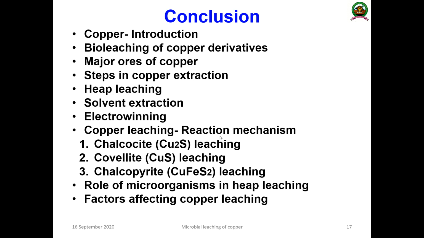And the copper leaching reaction mechanism for the major ores: chalcocite, that is Cu2S leaching, then covellite or CuS leaching, then chalcopyrite, copper iron sulfide leaching. And we have discussed the role of microorganisms in heap and dump leaching, and the main important factors influencing the copper leaching process.